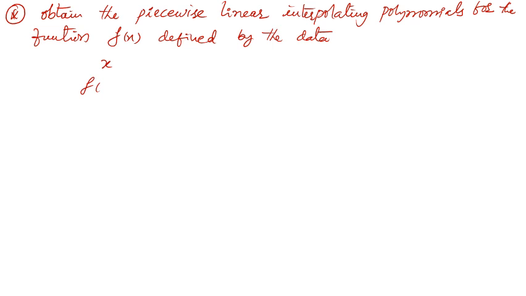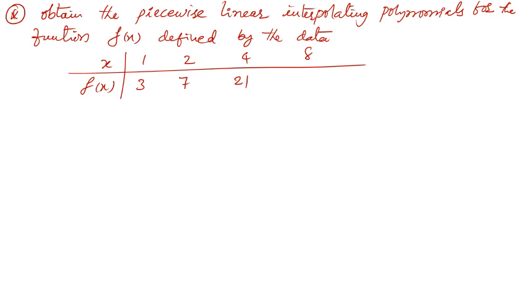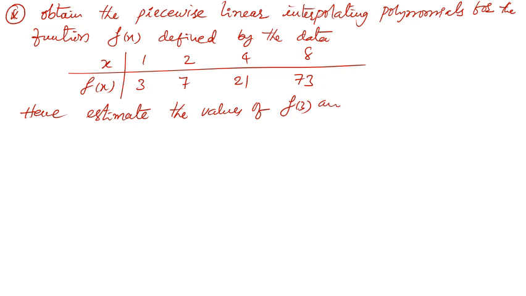What is the data? x versus f of x is given: x is 1, 2, 4, 8 and f of x is 3, 7, 21, 73. Hence estimate the values of f of 3 and f of 7.